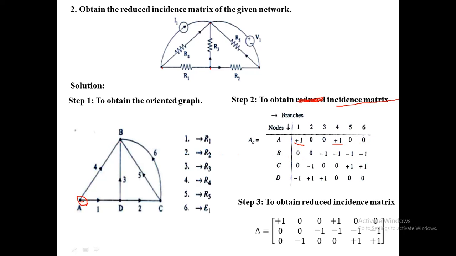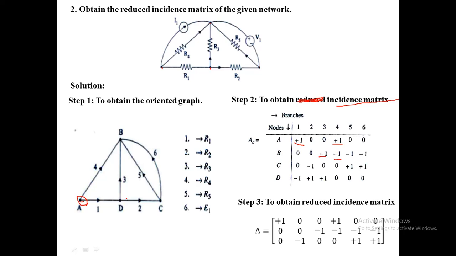Next consider B. 4 is incoming, so we put -1 for 4. And then 3 is also incoming, so for 3 we put -1. Next 5 and 6, all the branches are incoming, so we put all the values as minus, remaining 0.